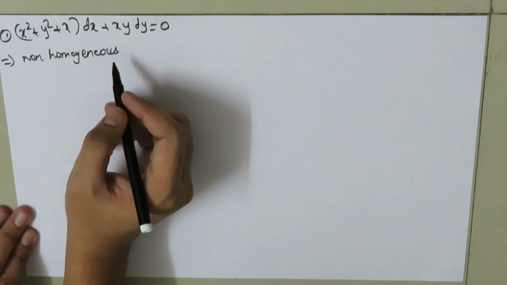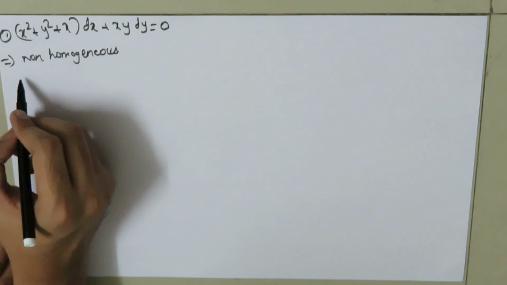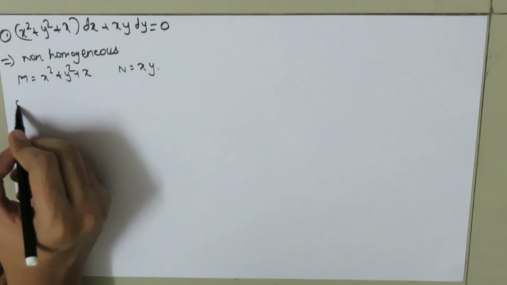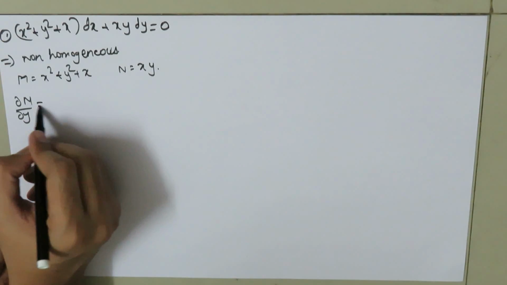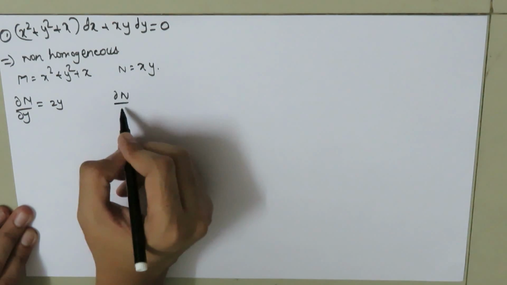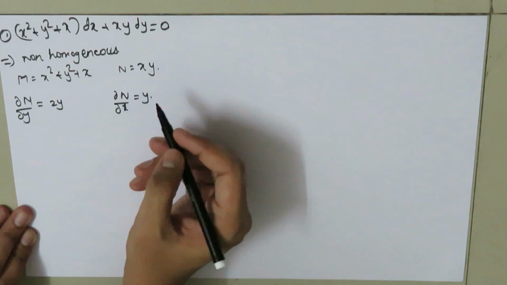Now let's check whether this differential equation is exact or non-exact. M is equal to x² + y² + x, and N is equal to xy. So ∂M/∂y is equal to 2y, and ∂N/∂x is equal to y.